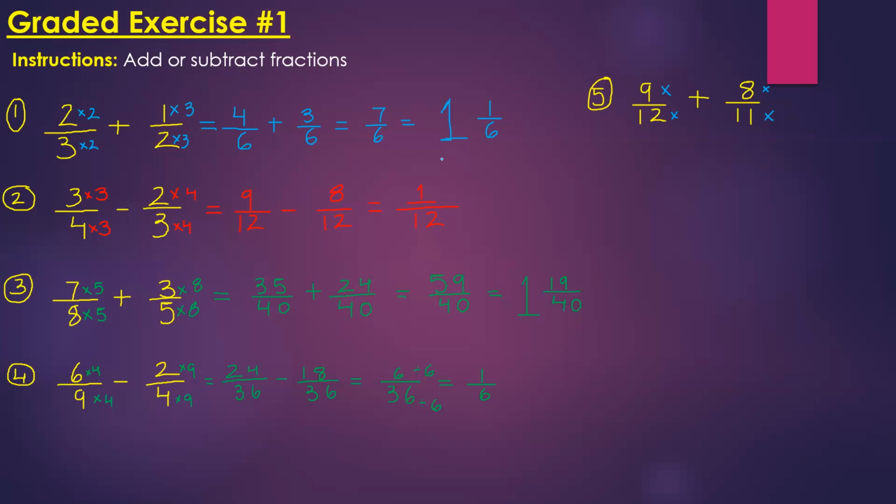Tia, can you help him with number 5? Yes, so after you find the lowest common multiple, what is the lowest common multiple? I got 110. That's not right. Nope. 132. Thank you.